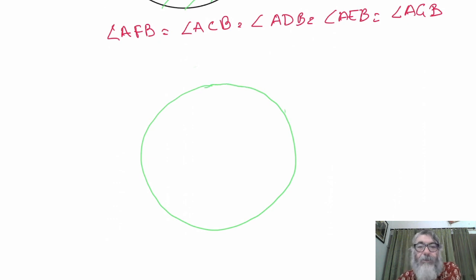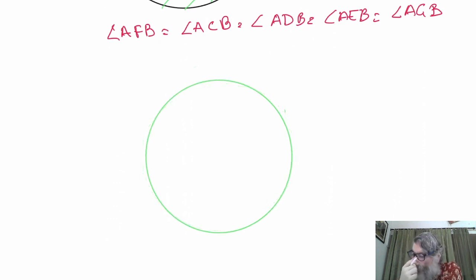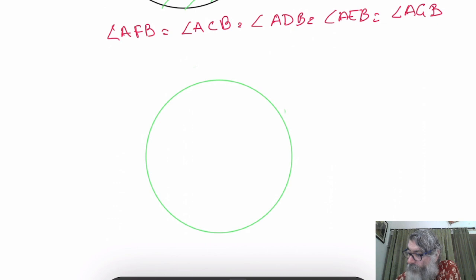We got a circle. Now, we take another color.